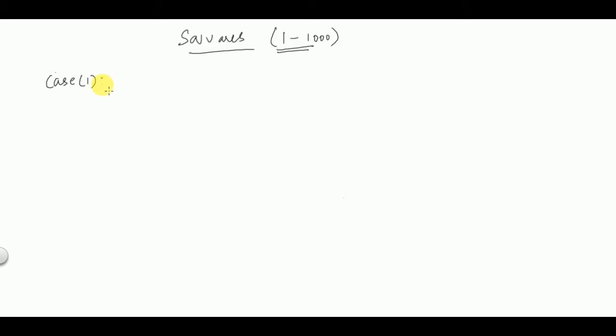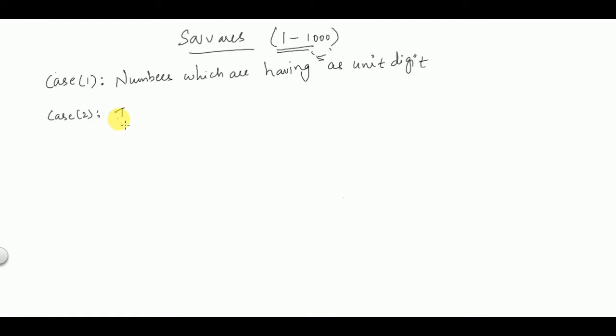In the first case, we will discuss the numbers which have 5 as the unit digit, and how to find the squares of such numbers.